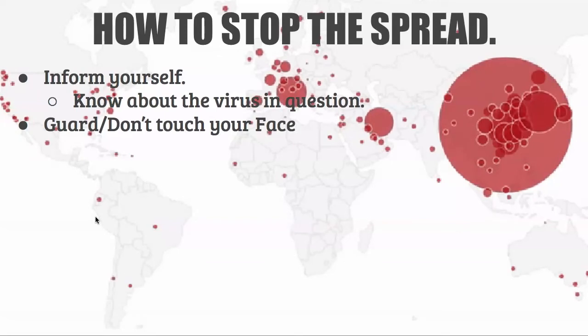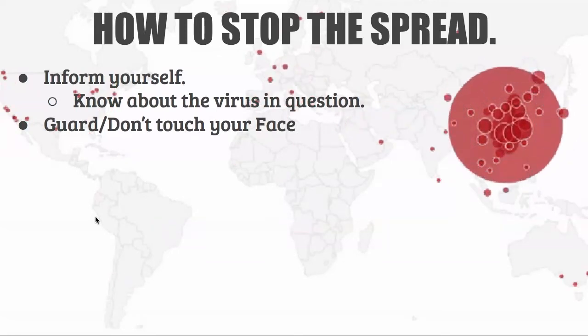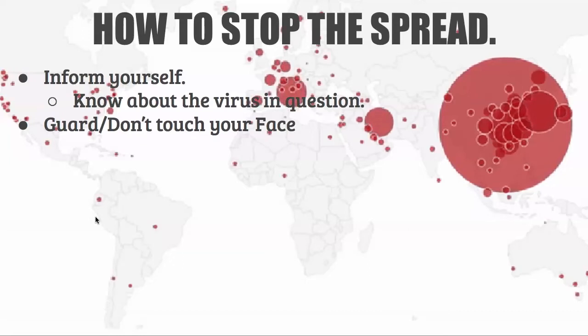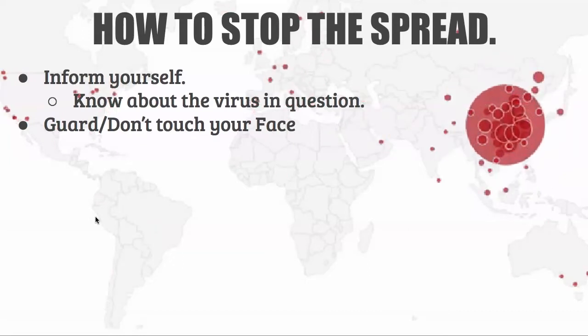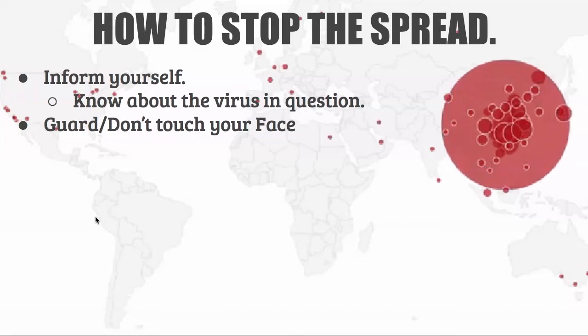Guard yourself from it. Don't touch your face. You've heard that probably over and over again in the news, talking about wearing your mask, not touching your face. And the reason for that is because your body has very few places where diseases can actually enter and cause potential danger to your body, because our skin is very protective.